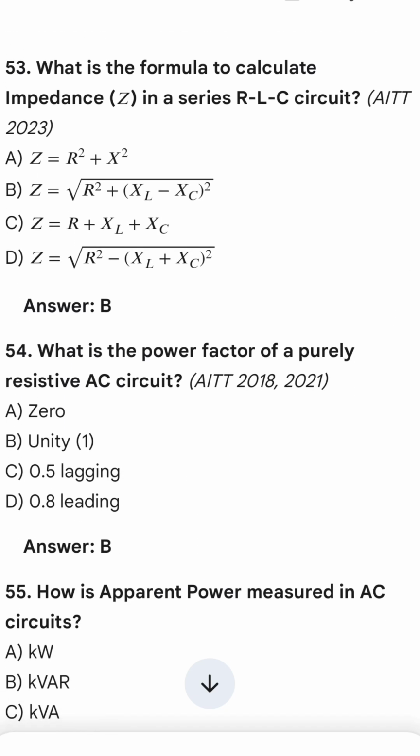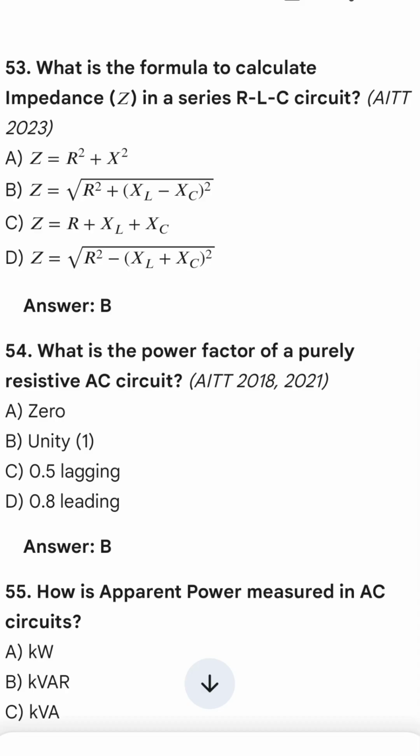Question 53. What is the formula to calculate impedance Z in a series RLC circuit? AITT 2023. Option A, Z is equal to R square plus X square. Option B, Z is equal to root over of R square plus bracket XL minus XC a whole square.